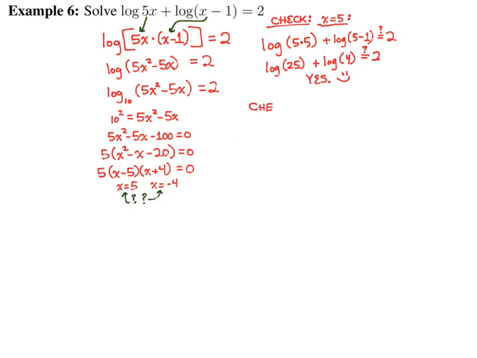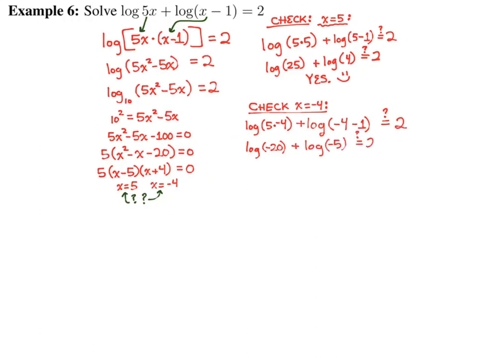But you still have to check negative 4. And so, yes, check negative 4, and you take the negative 4 and you put it in for the x, because that's how you substitute things. But obviously, you know that. So I put negative 4 minus 1. Maybe it's 2, maybe it's not. Let's go see. 5 times negative 4 is negative 20. And negative 4 minus 1 is negative 5. Again, I'm on that thing where I'm saying things you obviously know, but now it's broken.